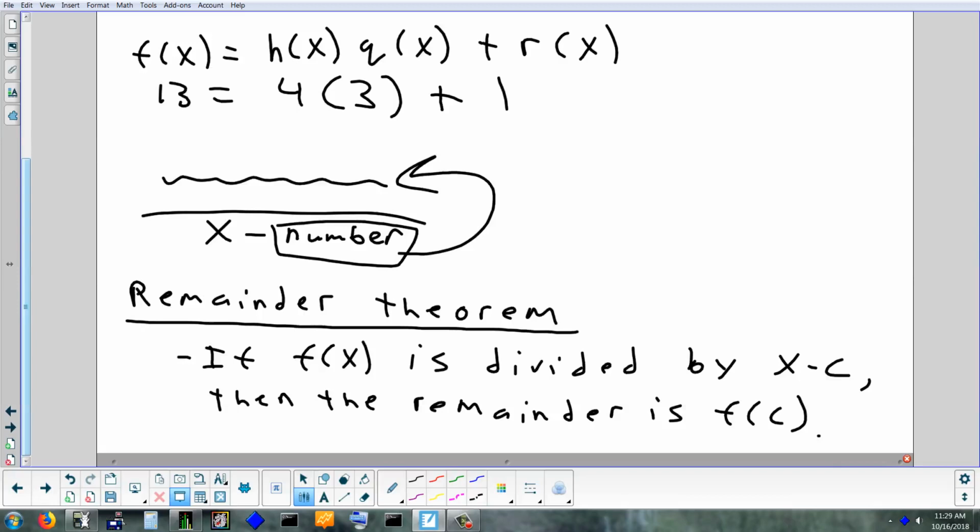Take a number and plug it into something and see what you get. What number do you plug in? The one after the minus sign. Where do you plug it in? The top. You plug it into whatever's in the top. And I'm calling the top f of x. All right, so if you want me to actually, I can write that out.